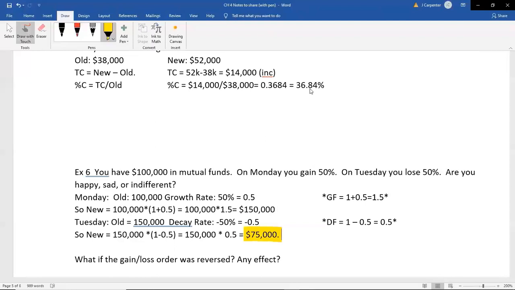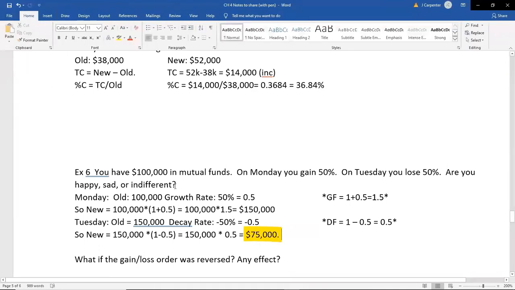This is the amount of money we have in the end. We started with 100 grand, then we had 150 grand. We were excited, well, we let it roll, and unfortunately, the market crapped out on us, and now we got 75,000. So back to the question at hand. Are we happy, sad, or indifferent? See, I didn't ask you for any of the numbers. I asked you for your mood. And you might say, oh, I've got $75,000.